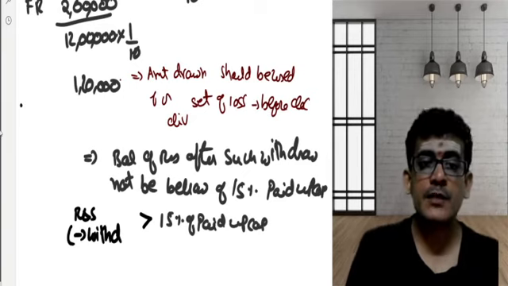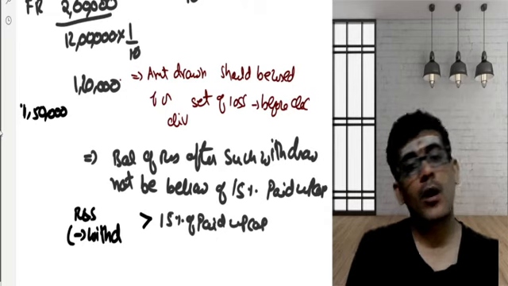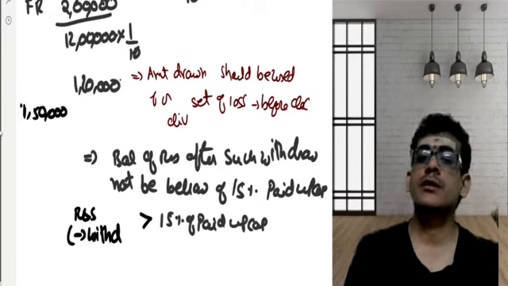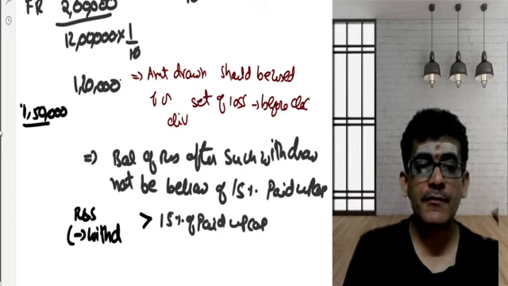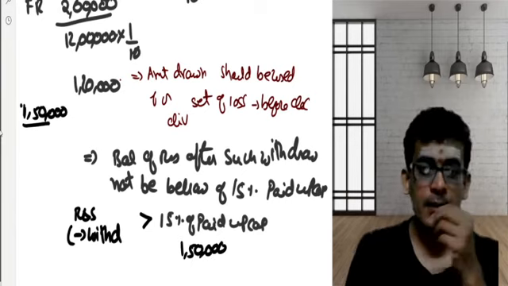In the present example, what is 15% of your paid up capital? 1,50,000 is 15% of your paid up capital. How much amount have you withdrawn? 1/10, that is 1,20,000.